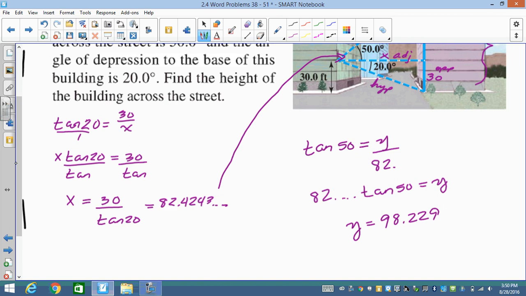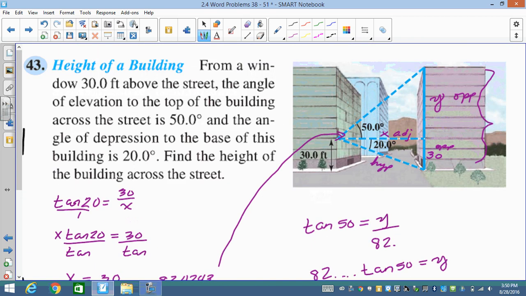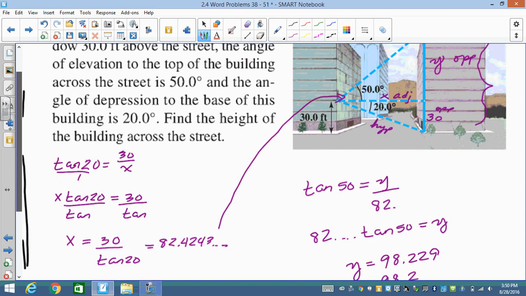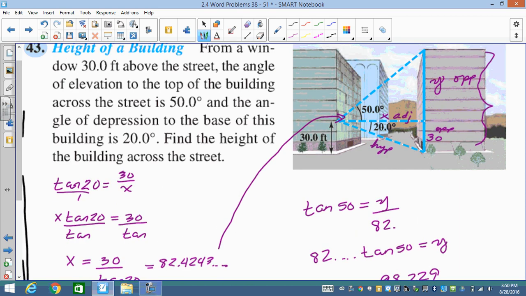98.229. Now, I'm going to go back to that significant digit idea that all of these are using 3. They got the 0.0, 0.0, 0.0, so we're going to use 1 decimal place on ours as well. So this is going to give us 98.2 plus the 30, because I need to make sure you're aware that that 98.2 is this bit up here.